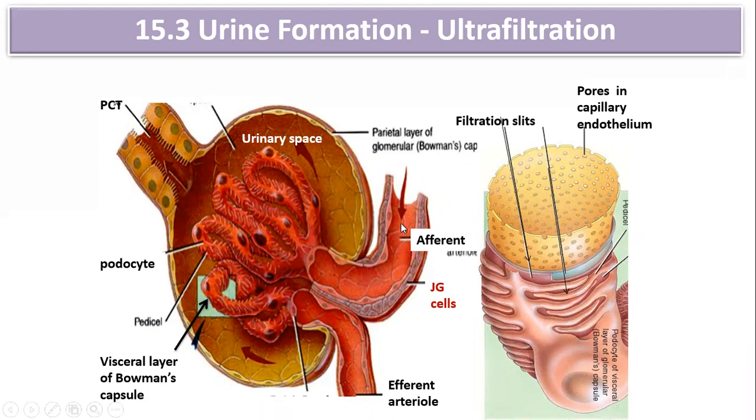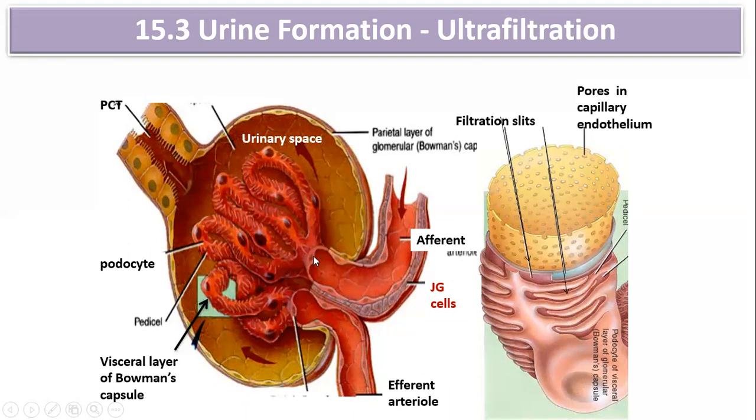Since the afferent has a bigger diameter, blood flows rapidly inside the glomerulus, but it cannot leave rapidly because the efferent arteriole has a smaller diameter. So blood enters at a faster rate than it leaves. Because of that, pressure is created inside the glomerulus, and that pressure is known as glomerular hydrostatic pressure or capillary hydrostatic pressure.